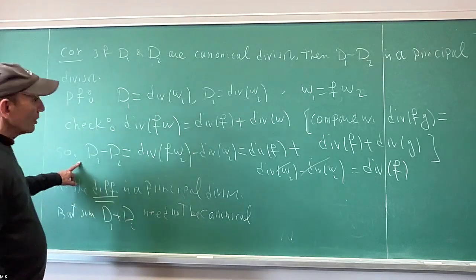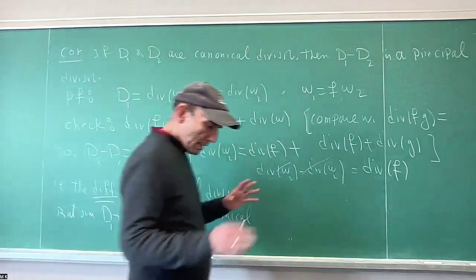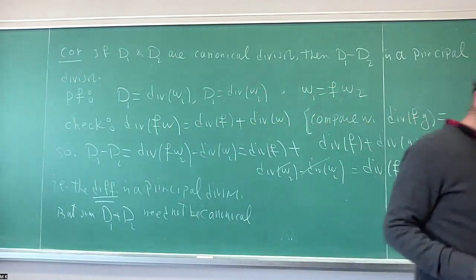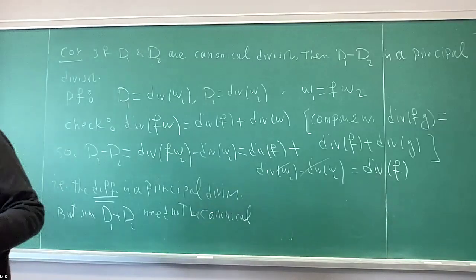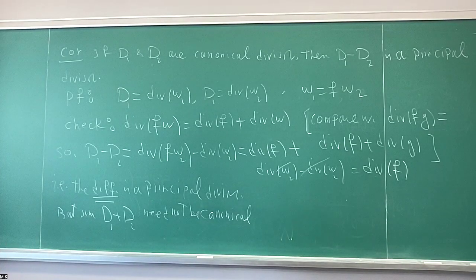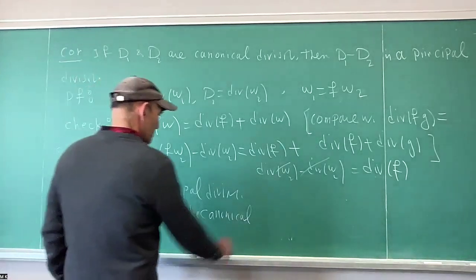But this corollary implies that the canonical divisors form an equivalence class of principal divisors inside the set of all divisors. So let me write it this way.